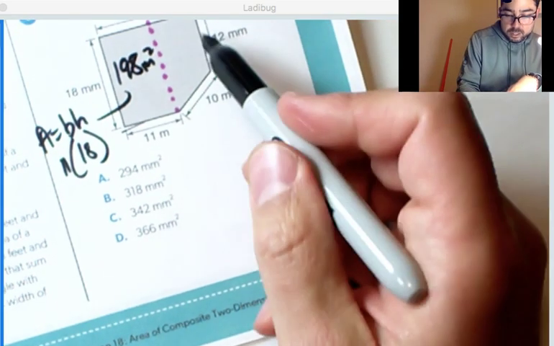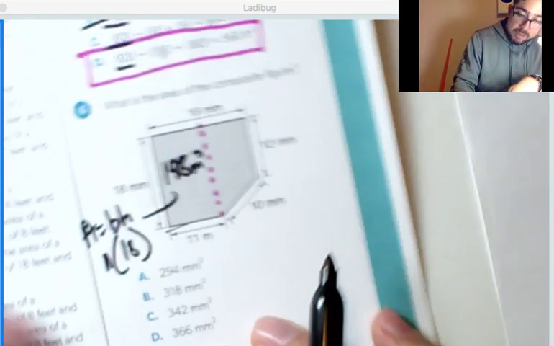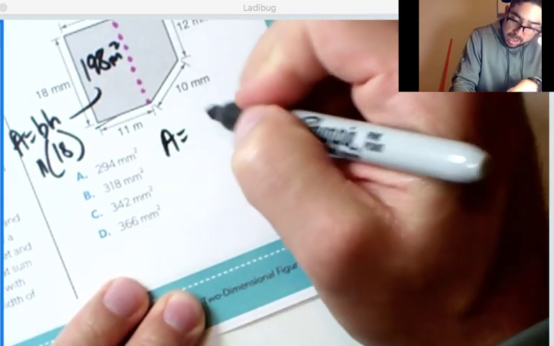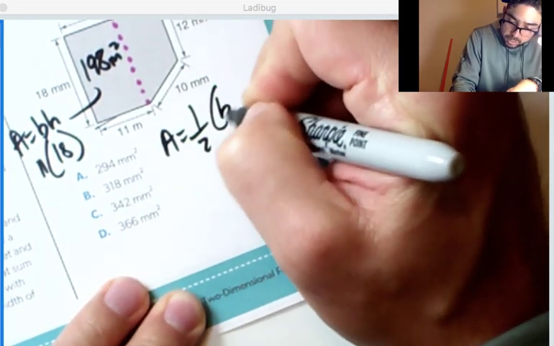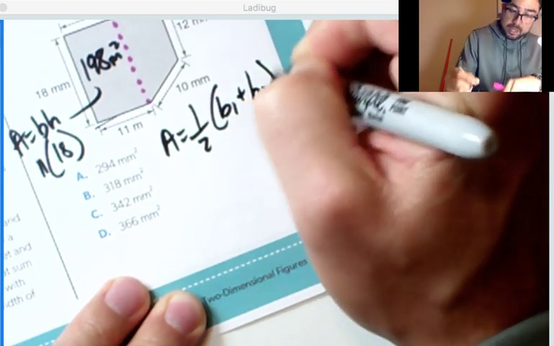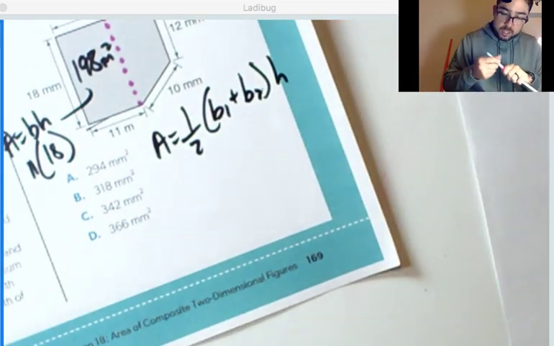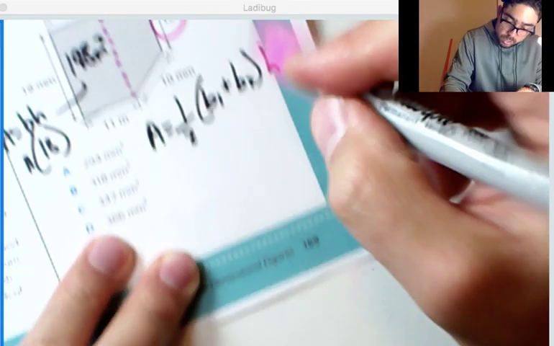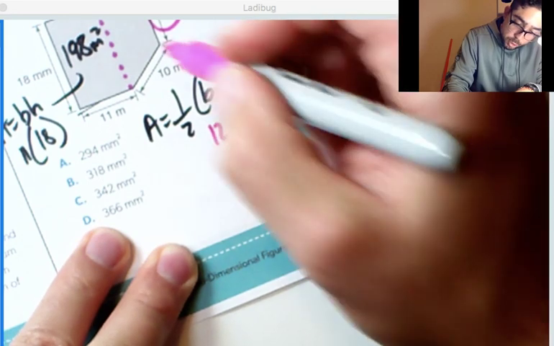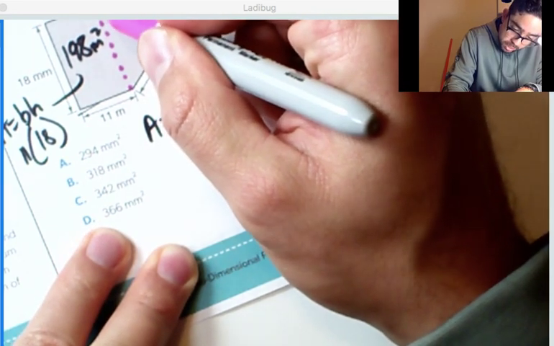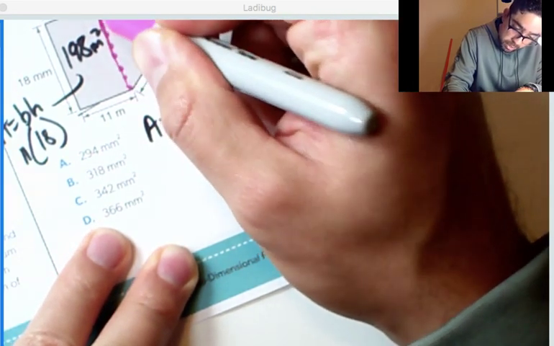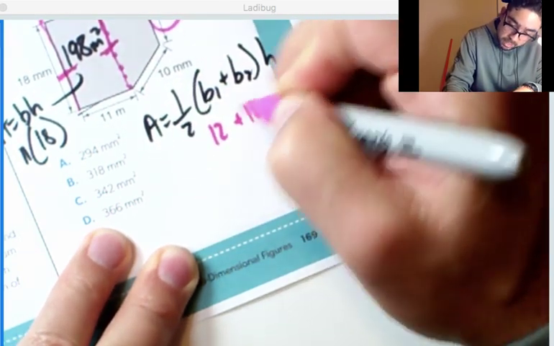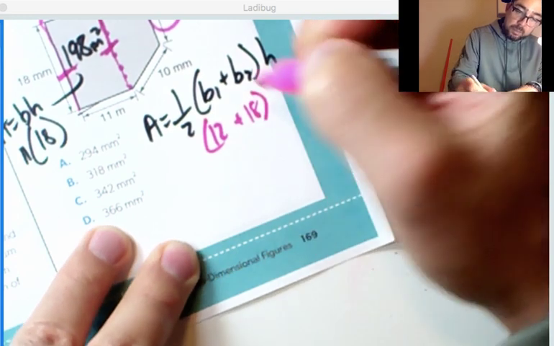And then here for this trapezoid, we have area equals 1/2 base 1 plus base 2 times the height. So we can see that base 1 is 12, so we'll say 12 plus base 2, which here is 18, because you see this is a rectangle here, and these two sides of the rectangle are congruent, plus 18 times the height.